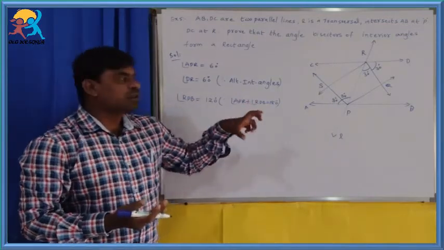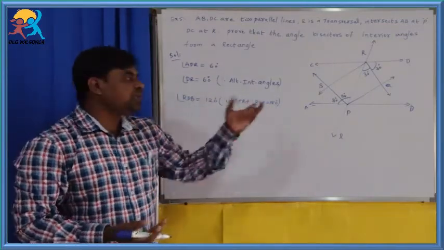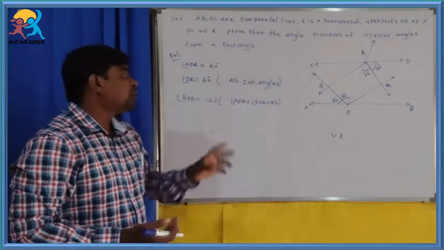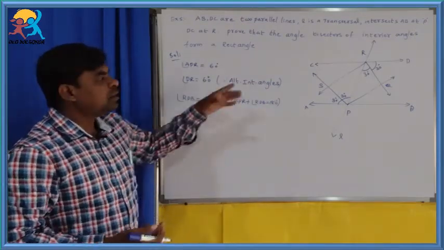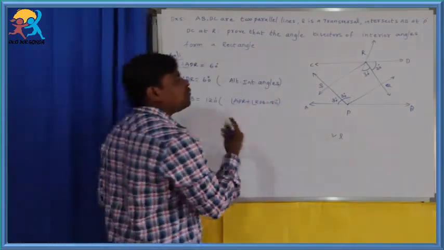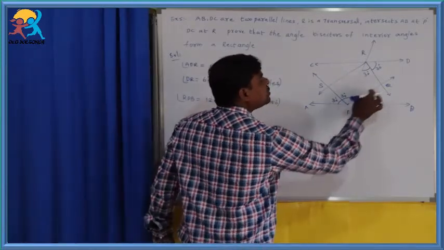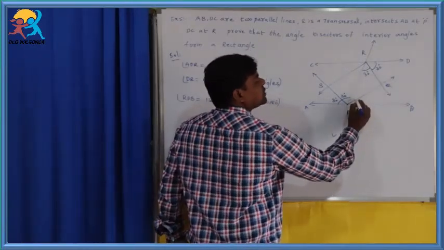Already we have known that, because the two angles are a linear pair, that is why their sum is 180 degrees. From that I can write angle RPB as 120 degrees, and now we know that PQ is the angle bisector.